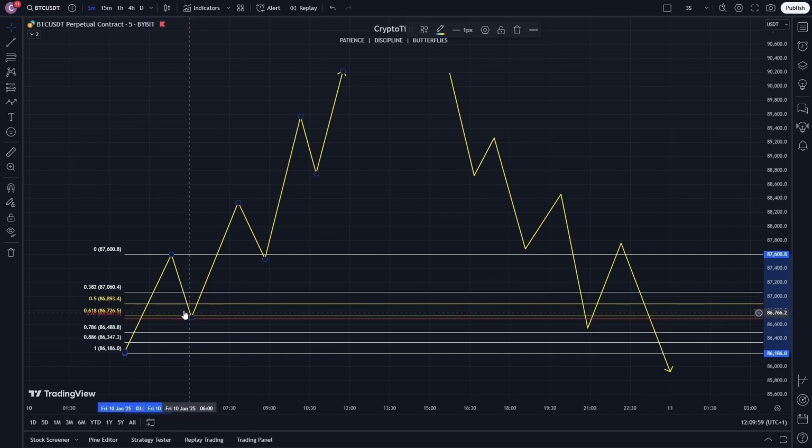So we can consider looking for a long setup in this golden zone. Keep in mind, I personally like a lot more confluence, or I won't set a long entry there. I will wait to see a reaction and another form of confluence, but knowing it bounced there is already a good sign that should ring some bells saying, hey, we might go up a little bit more.